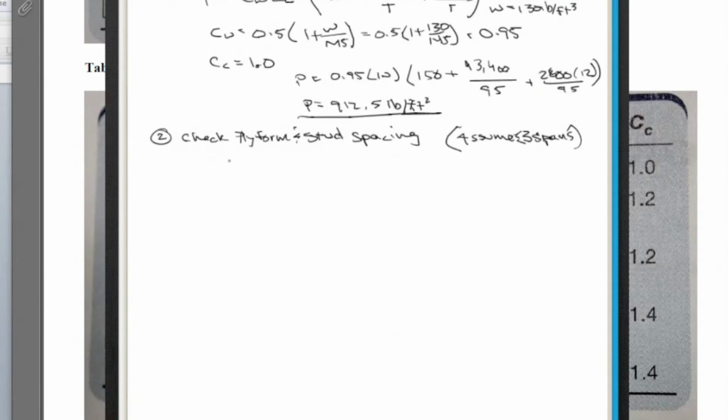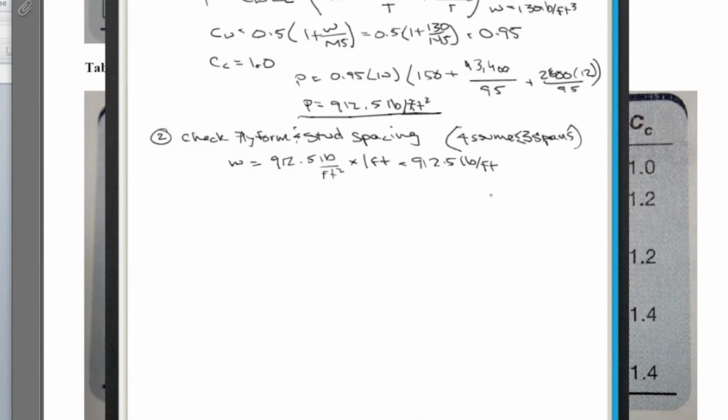So basically what we need to do is we're going to look at just a 1 foot section of our sheathing here. If we're going to take this pressure value and turn it into more of a load over the length, we're just going to take this 912.5 pounds per square foot and multiply it by a 1 foot strip of this plyform, and we get 912.5 pounds per foot.